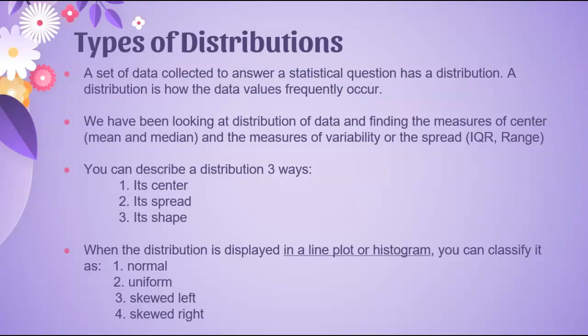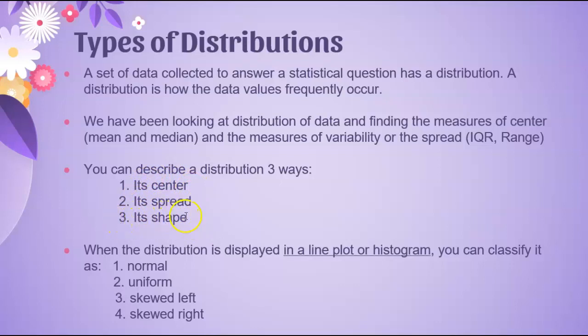But we have been looking at distributions of data and finding the measures of center and the measures of variability. So when we look at those, we want to describe the distribution in three ways: by its center value, its shape, and its spread. The first two we've been looking at and how to figure those out, and now we're going to look at the shape.